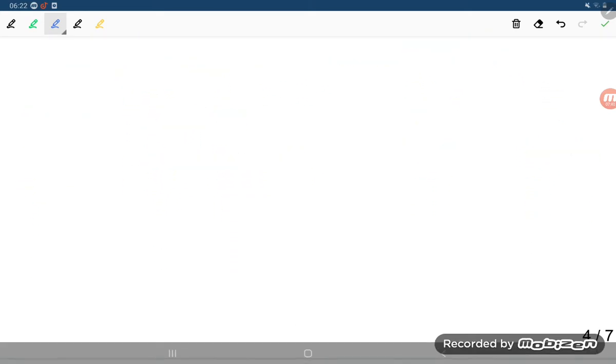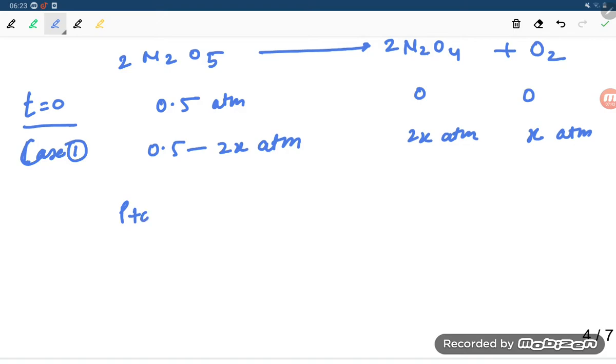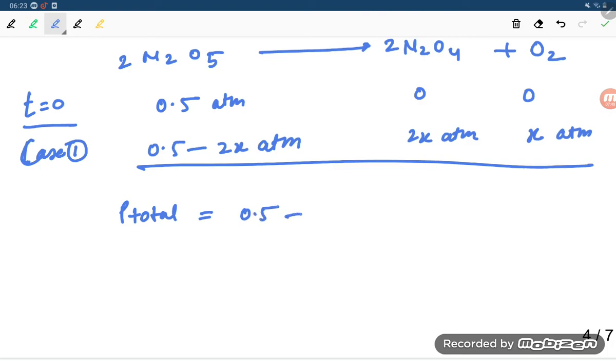So P total, we have to add it all: 0.5 minus 2x plus 2x plus x. The plus and minus cancel out, so 0.5 plus x. This is the P total.